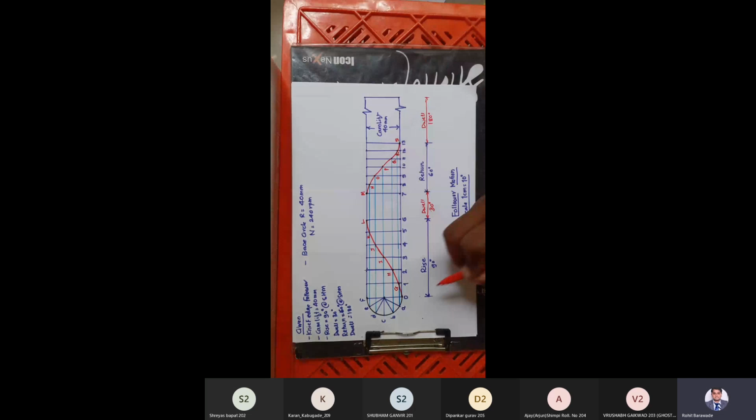According to this whole process, I'm drawing a follower motion using SHM of a rise period or rise stroke for 90° and return stroke for 60°, right? Then using this follower motion, we will go towards a cam profile.